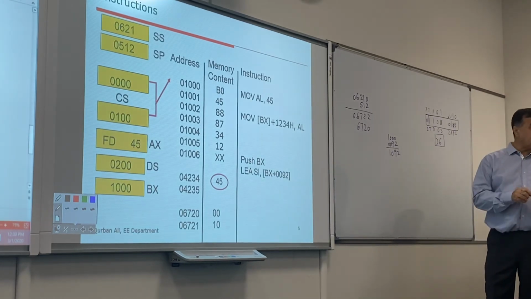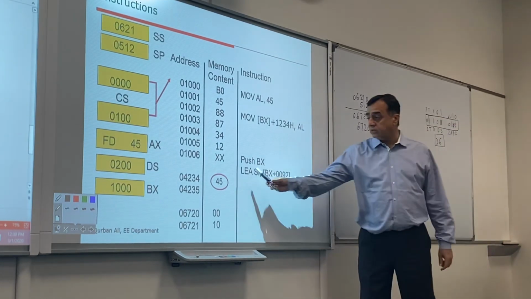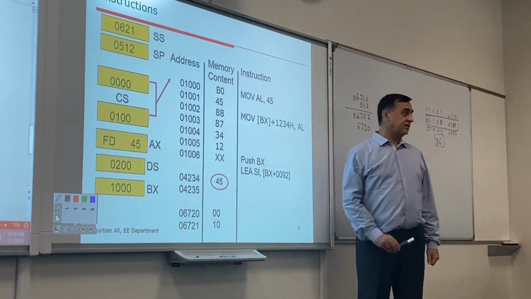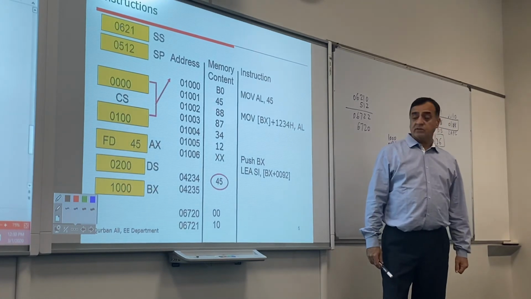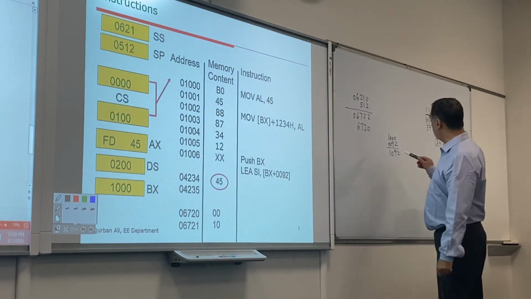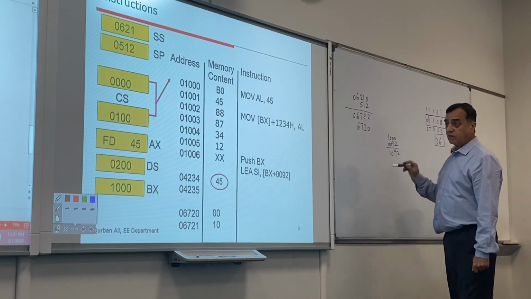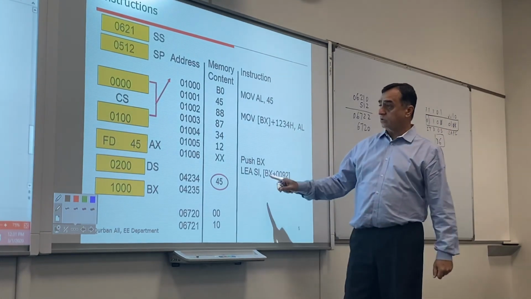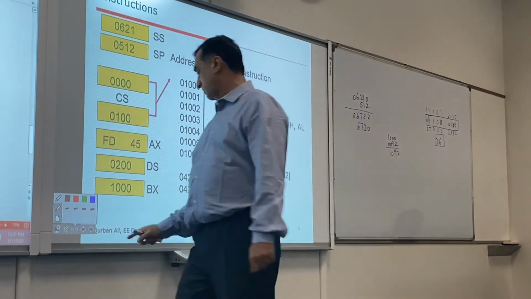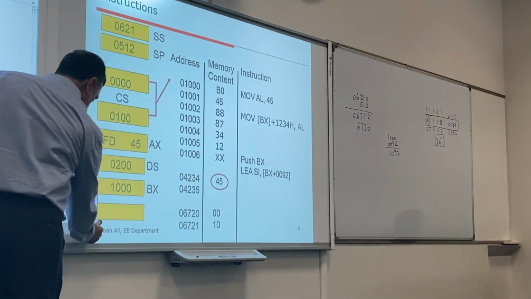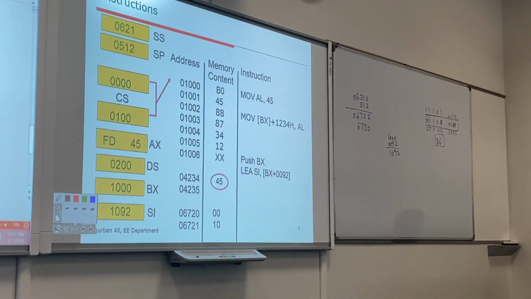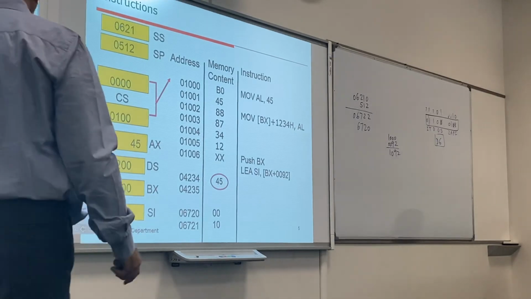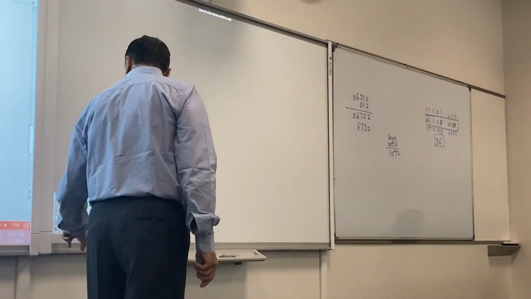We don't have to go to the memory because it says only load effective address. Try to understand again, remember the equation. So load only effective address. Address is only 1092. So 1092 will go to SI. This is SI, 1092. Only the effective address. Okay? Now we finish this thing.